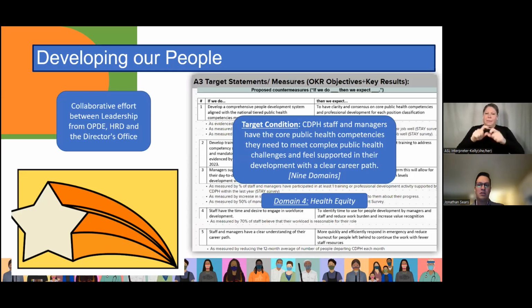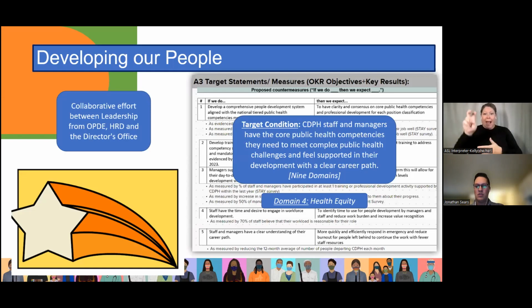This is a collaborative effort between the Office of Professional Development, the Human Resources Division, and the Director's Office within CDPH. The target for this vertical value stream improvement work is to develop the public health competencies of CDPH staff across 9 public health domains and ensure staff have clear career paths to further their development over time.